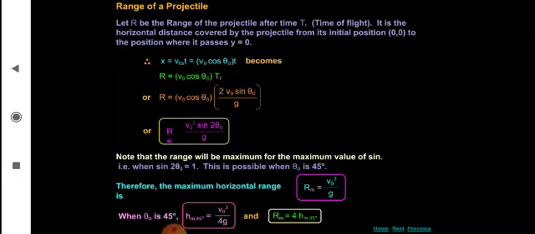Therefore, the maximum horizontal range Rm is equal to V naught square, the sin 2 theta value is 1, therefore divided by g. If theta is equal to 45 degrees, for the maximum height you got the value V naught square divided by 4 times g. The maximum range is equal to 4 times the maximum height.